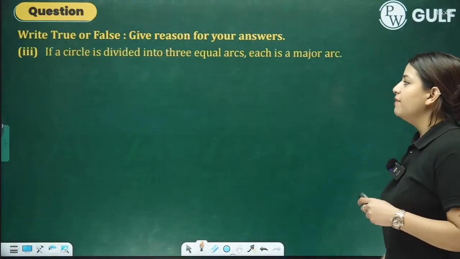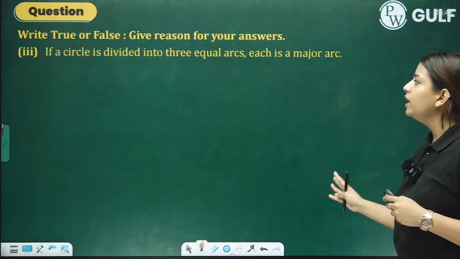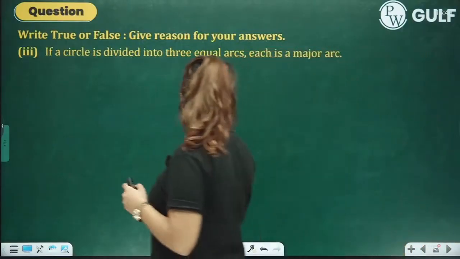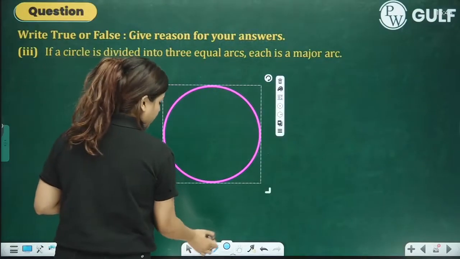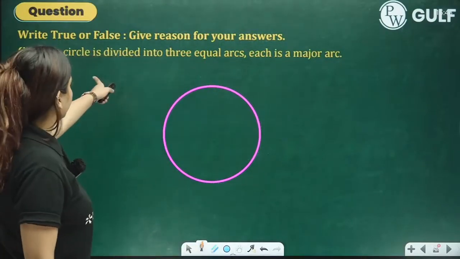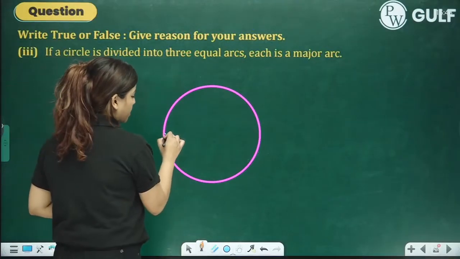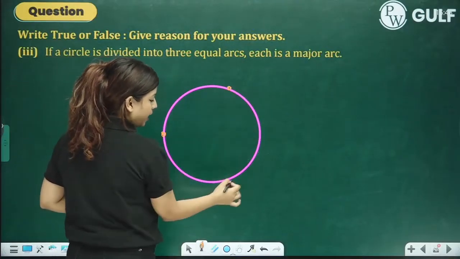The next we have is, if a circle is divided into 3 equal arcs, each is a major arc. So basically what is it saying? That if we have a circle and if the circle is divided into 3 equal arcs, right? For example, this arc and this arc.